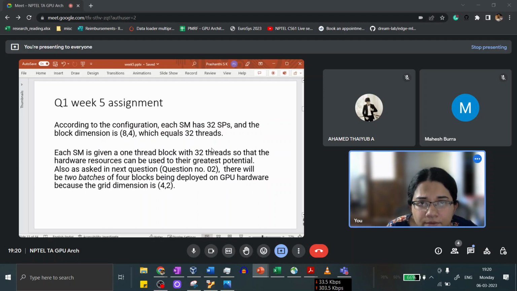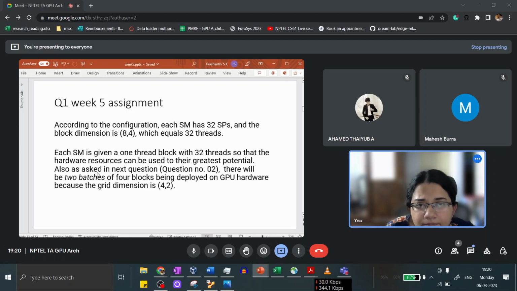Now let's go through the solution given by the TAs. Again, it's the same thing. Each SM has 32 SPs and the block dimension is 8 x 4, which equals 32 threads. Each SM is given one thread block with 32 threads, so that you utilize the full potential of all of these SPs.